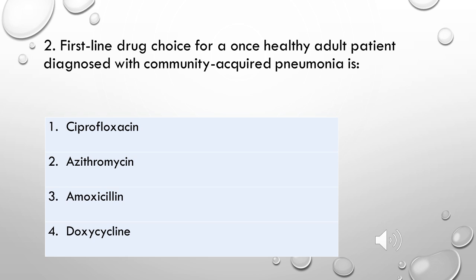Then erythromycin, 500 milligram PO, QID for 7 to 10 days is the least expensive. It's about $17 for 7 days of treatment.